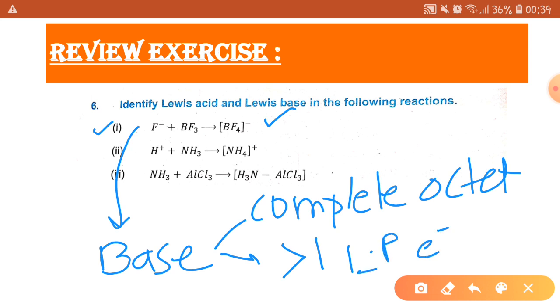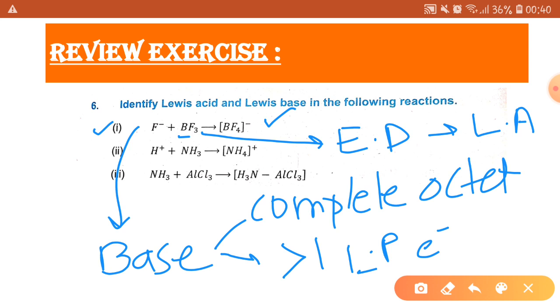So this fluoride ion meets the two conditions for a substance to be a Lewis base. For boron trifluoride, we read before that it is an electron deficient molecule, so it will accept the electron pair from the fluoride ion to form a coordinate covalent bond. Therefore BF3 is acting as a Lewis acid in this reaction.